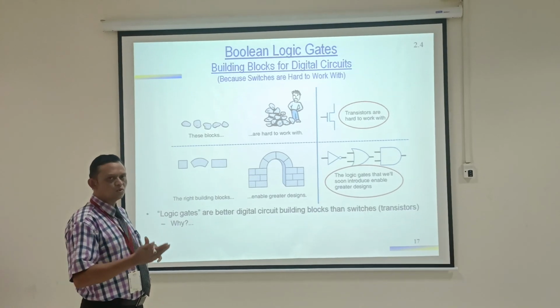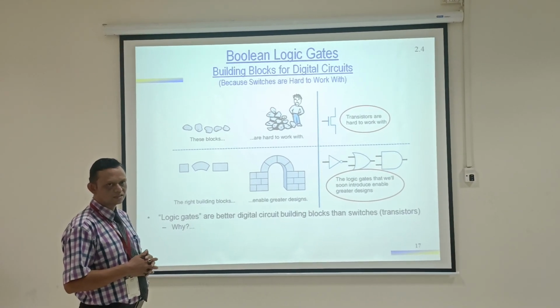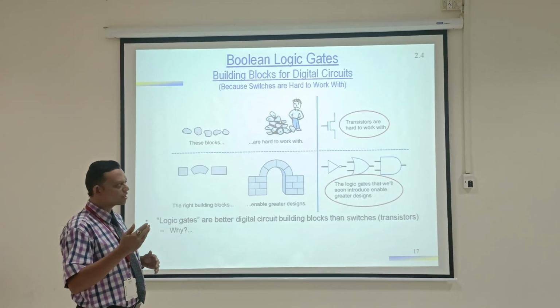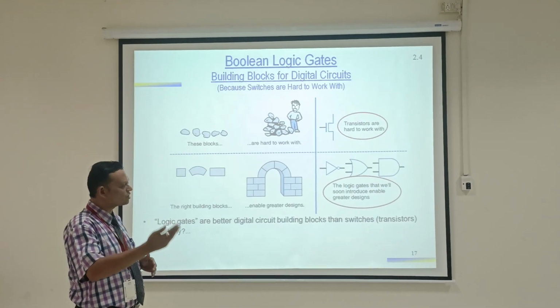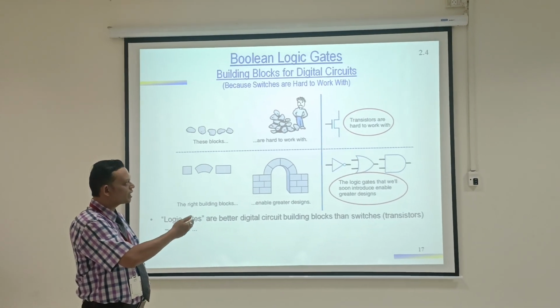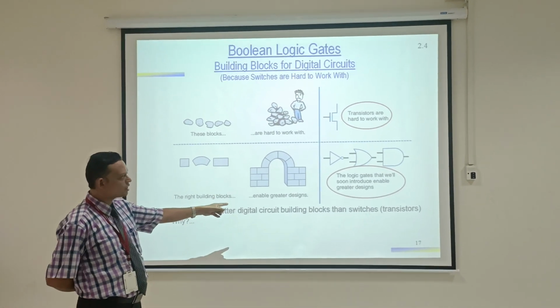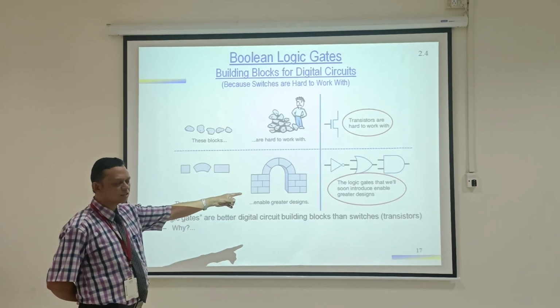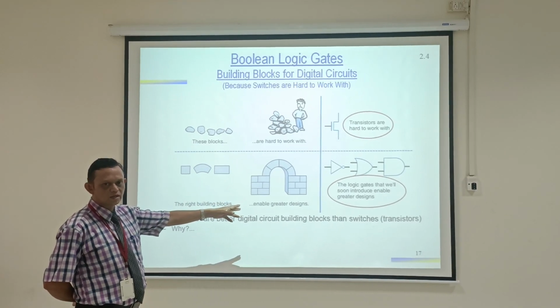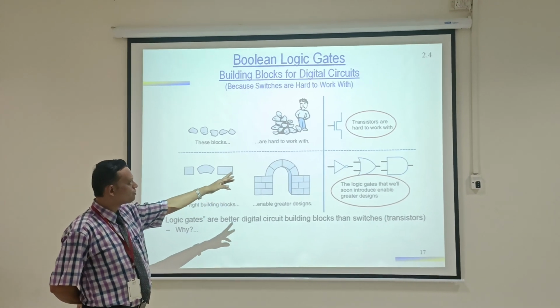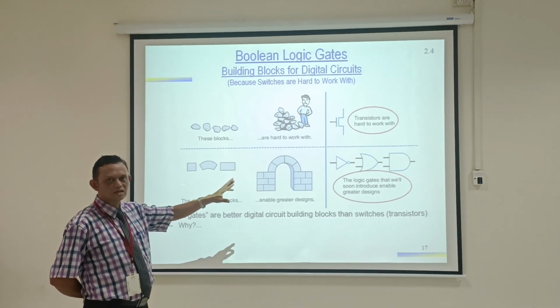Even though we talked about NMOS transistor and PMOS transistor, they have to be connected effectively so that you can have another version, that is NOT gate, AND gate, OR gate. The first gate is the NOT gate, the second one is the OR gate, the third one is the AND gate. These things are possible with the help of transistors. For that you have to have certain connections.